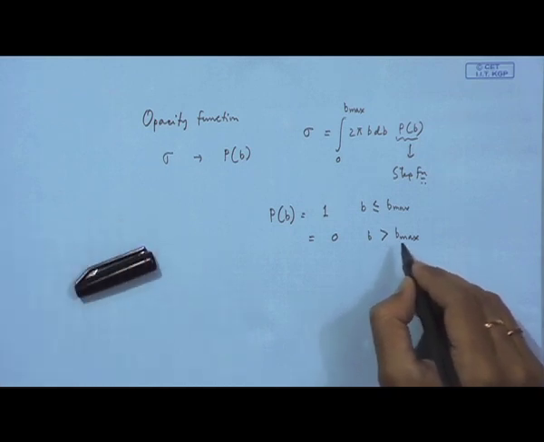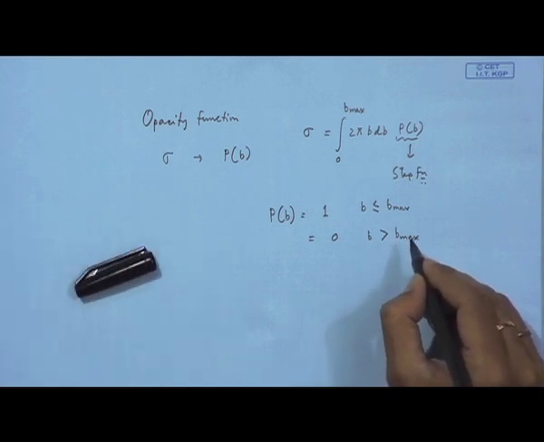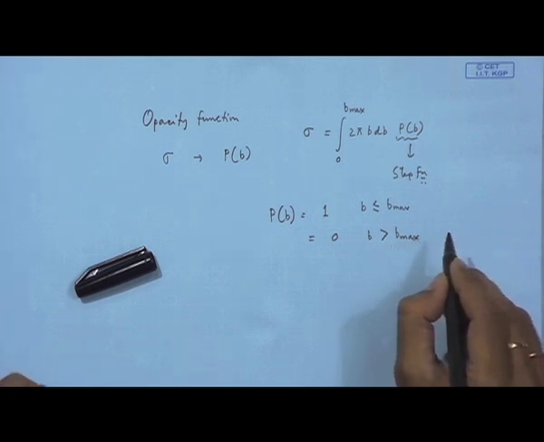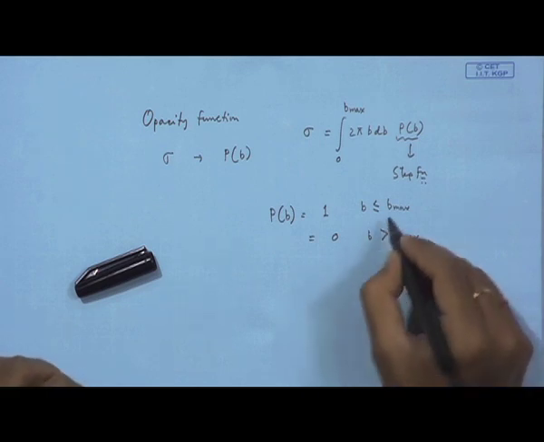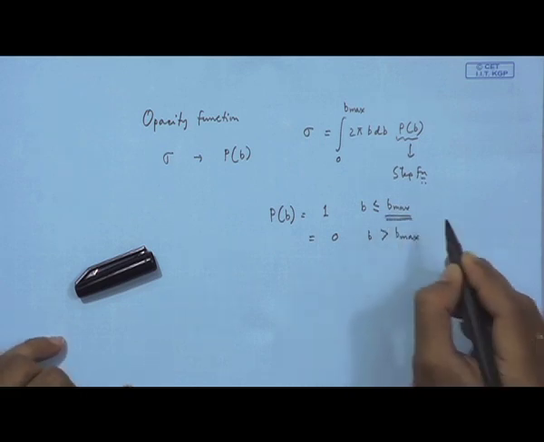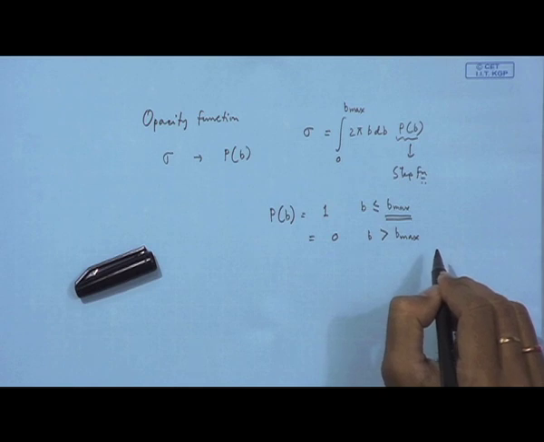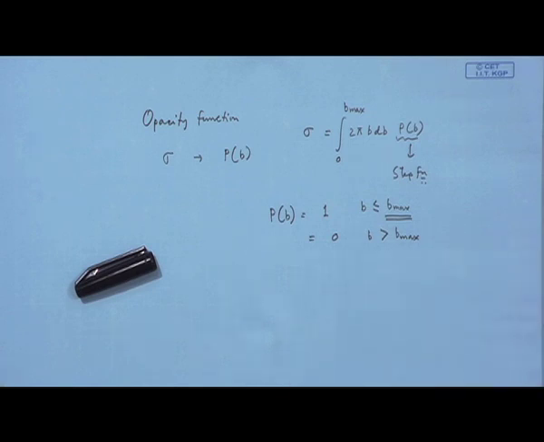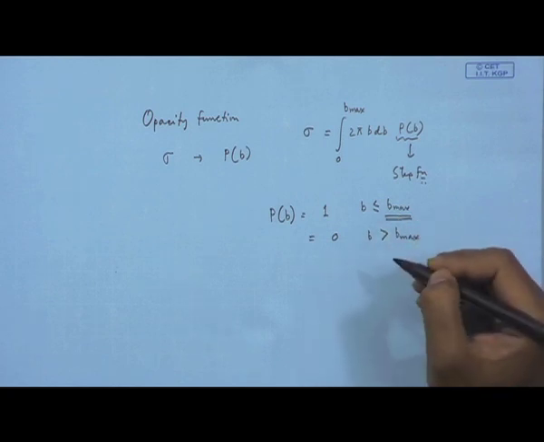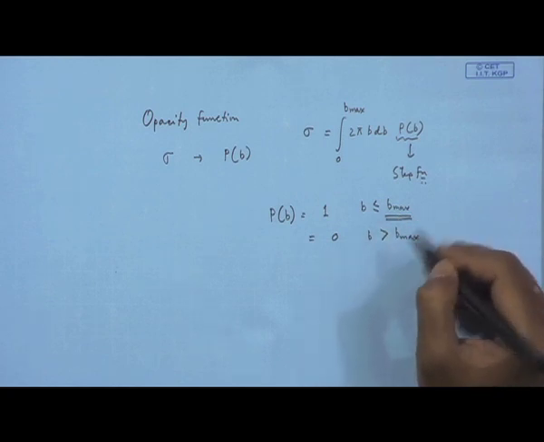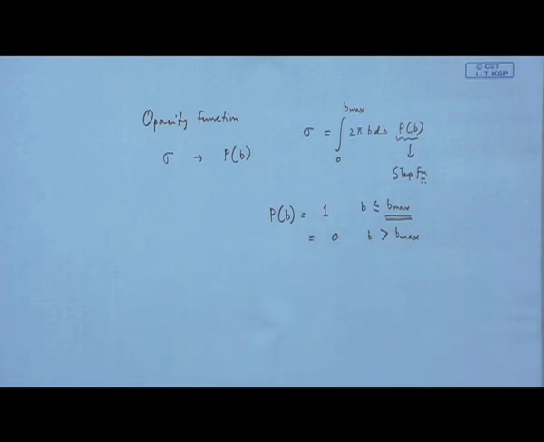So, this will be just like a step function, that it remains flat for certain situation, and then it becomes 0. This is your cutoff value. If B is a little more than B max, it will give you 0. So, it has to be within B max, then it will be 1. B max is the highest B with which the reaction can occur, and beyond that it will be 0.